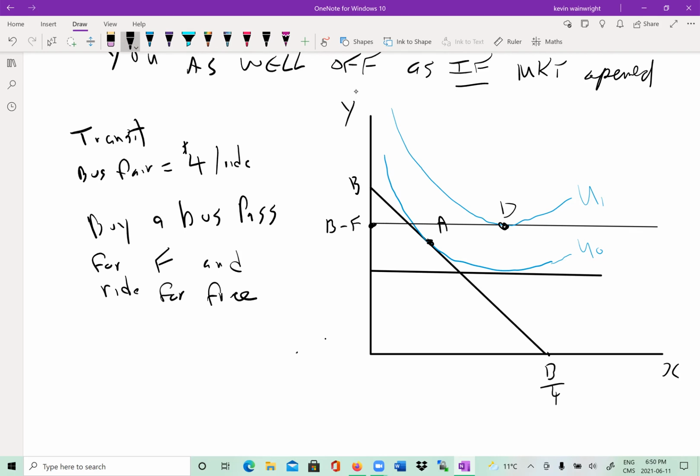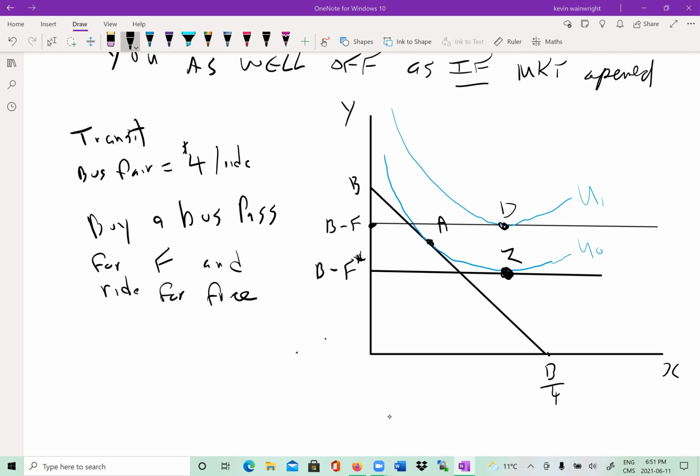So the new price is 0. So I move to Z. So B minus F star is the most I would pay to get on the bus. So if I had to choose between $2 a ride or $4 a ride or a bus pass at F star, then I'm indifferent, right?